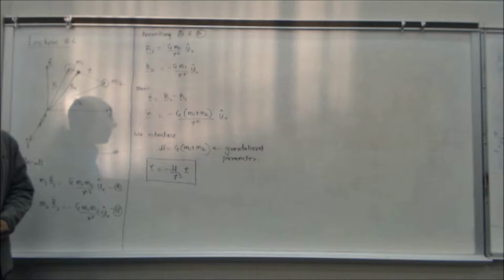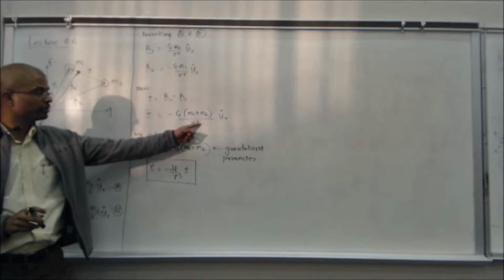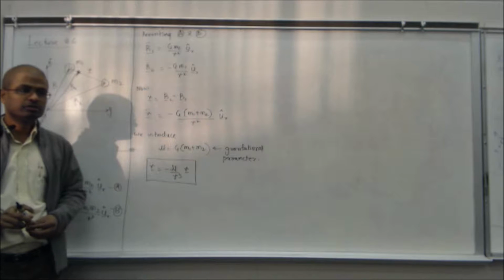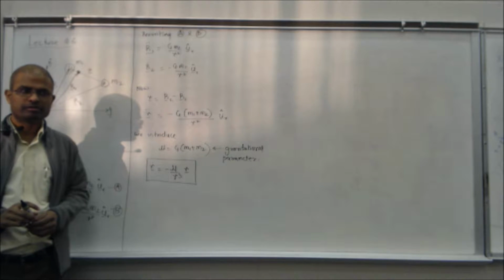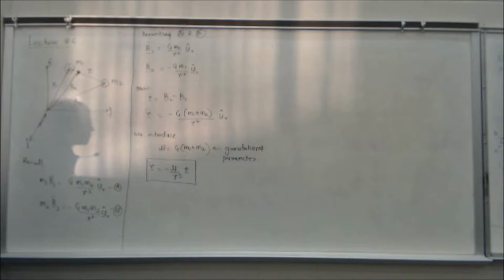Where the R comes from: there's an extra R and this square became cube, right? Just to cancel it. Okay, so R divided by R cubed is UR over R squared.